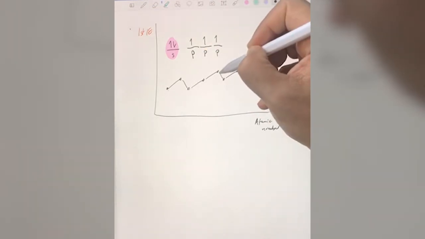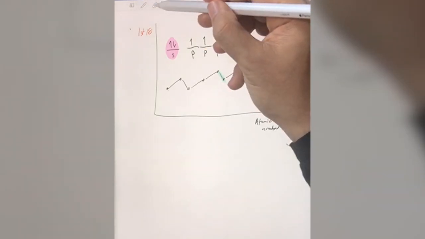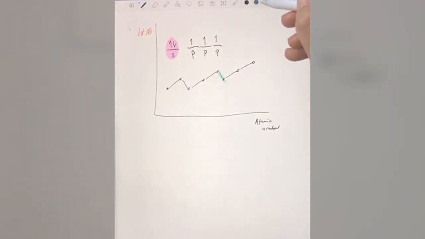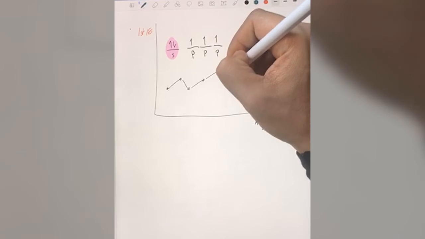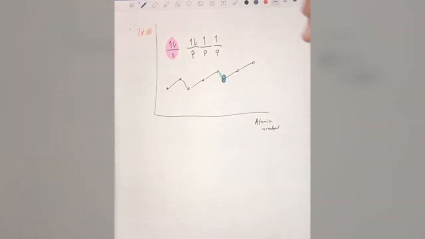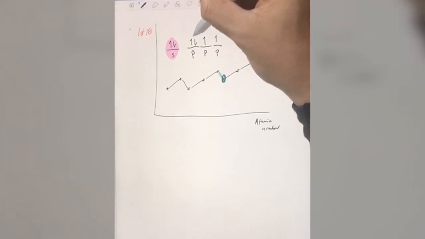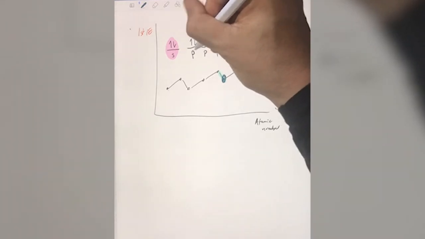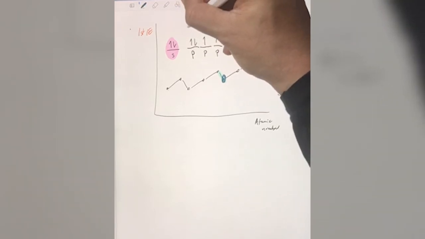But when we get to this jump here, it's again lower than expected, and this is because of something called spin pair repulsion. This is the second electron coming into that first p orbital, and because these electrons are in the same orbital, they repel each other.